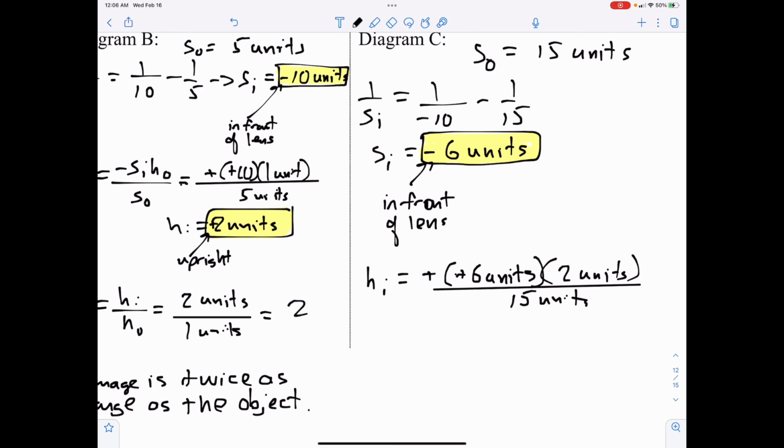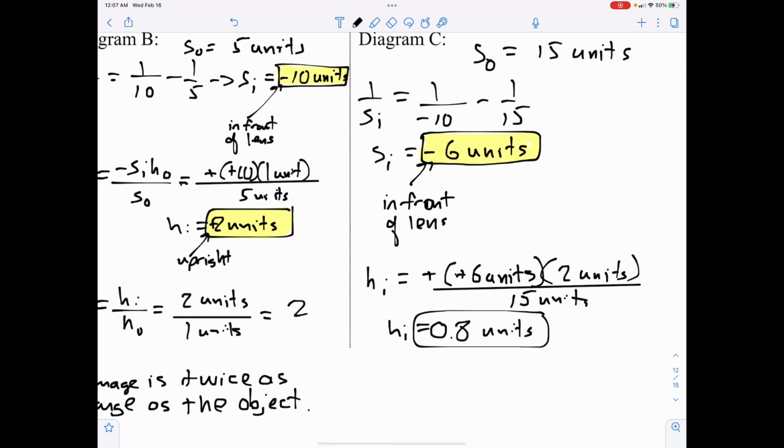So you can see we're going 6 times 2 is 12 divided by 15. 12 by 15 is about 0.8. So it's roughly about 0.8 units high.